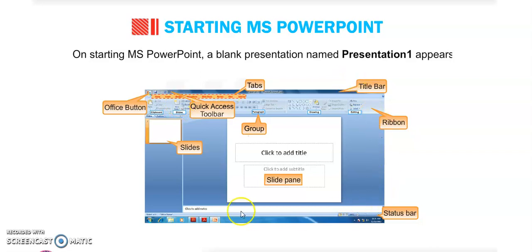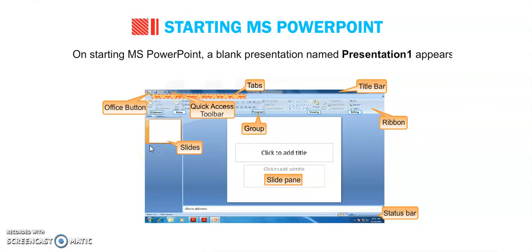So you can see this is the window of MS PowerPoint. Like MS Word, you can see different tabs and toolbars in the ribbon. So these are the tabs: home, insert, and this is our quick access toolbar. This is the office button, and these are some groups. So groups can be different in Word or PowerPoint. So these are the slides.